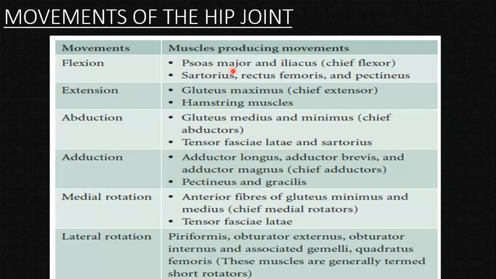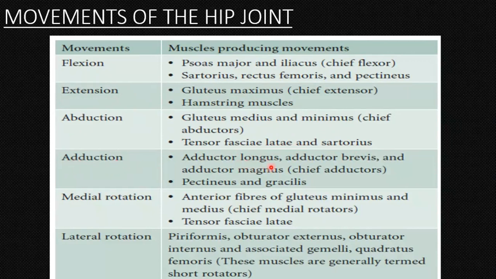Flexion is produced by these muscles, psoas major and iliacus being the chief flexors. Extension, the hamstrings and the gluteus maximus. Abduction by the gluteus medius and minimus. Please remember this, especially in the Trendelenburg's sign. Then you have the tensor fasciae latae and sartorius.